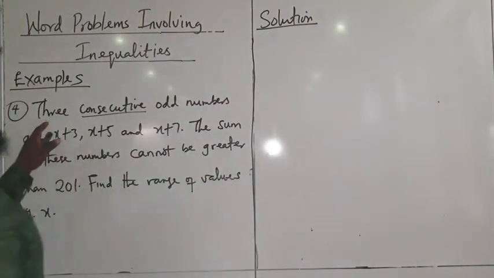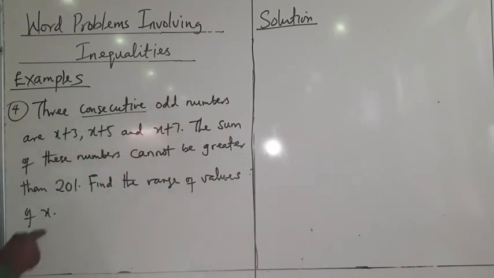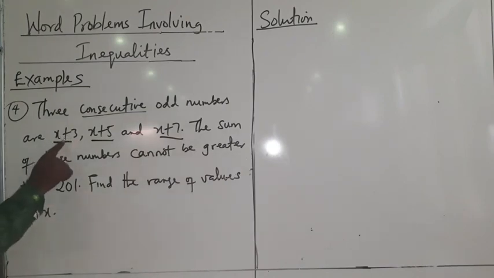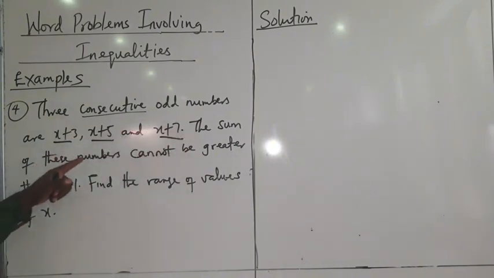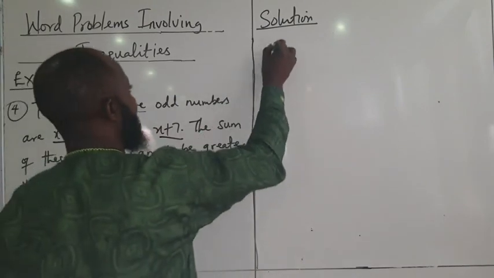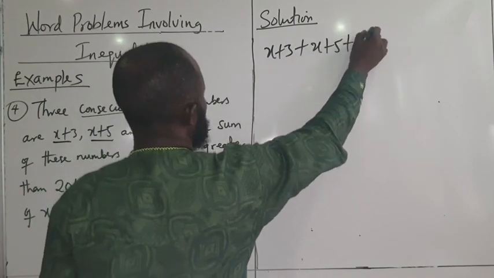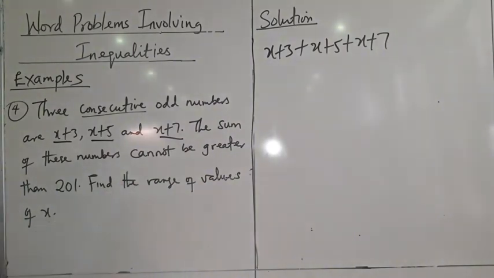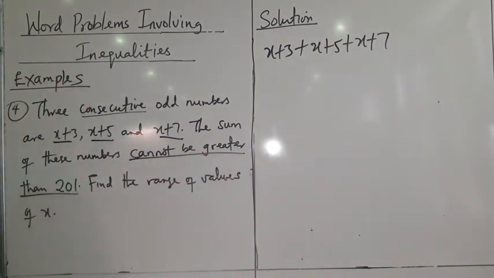So now, the question has 3 consecutive odd numbers. That is, these. We're given that they are odd numbers, and you can confirm that this number is unknown, because this is x plus 3, 5, 7. Now, the sum of these numbers, if we add all of them together, x plus 3 plus x plus 5 plus x plus 7, cannot be greater than 201.